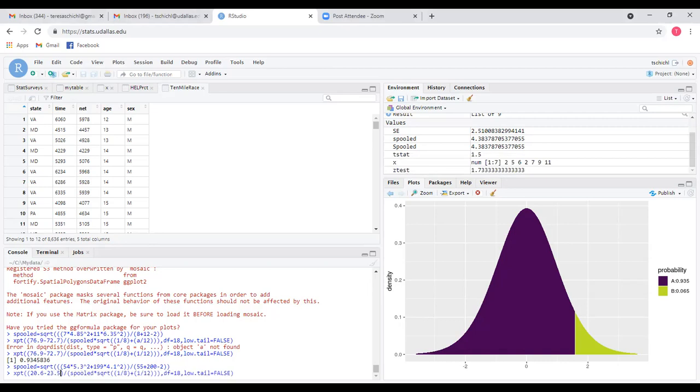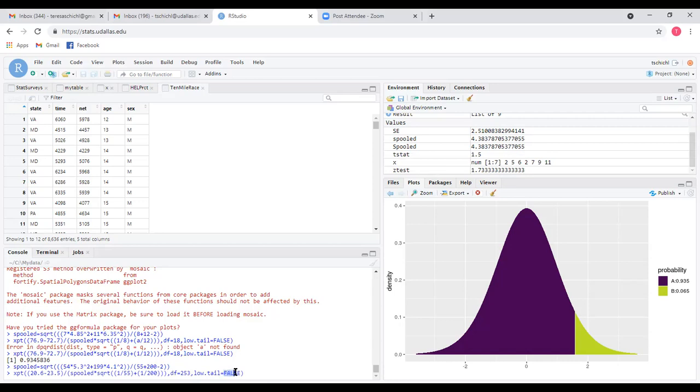Okay, then you use the S pool times 1 over what? 1 over 55 and 1 over what? 1 over 200s, right? Then the degrees of freedom, we know, is 255 minus 2. So what is the degrees of freedom? It is 253. And you can do the lower tail or upper tail, it doesn't matter.